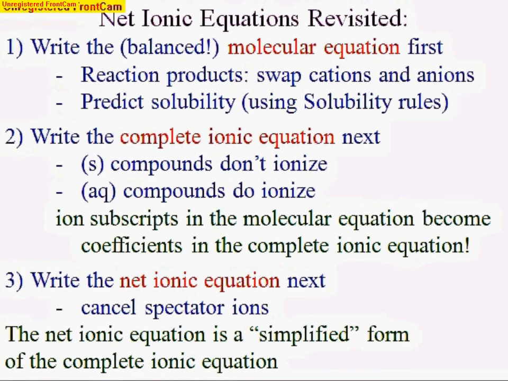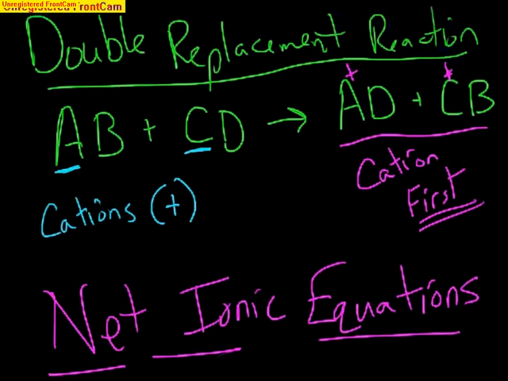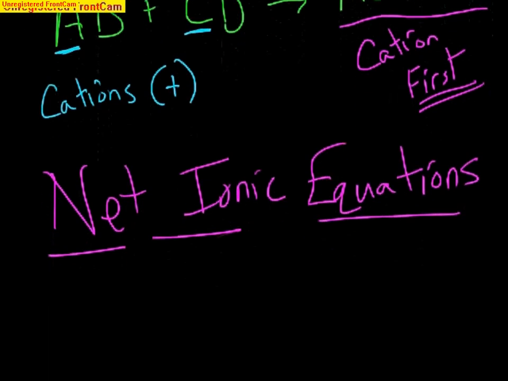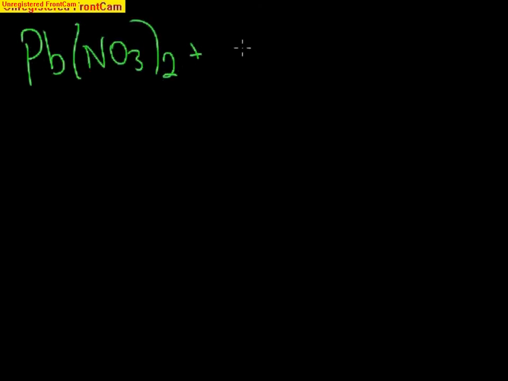So, if we go back to this guy here, we have Pb(NO3)2 plus 2NaI gave us the PbI2 and the 2NaNO3. So, step 1, the reaction we said was Pb(NO3)2 plus NaI, and we had a 2 in front of that.